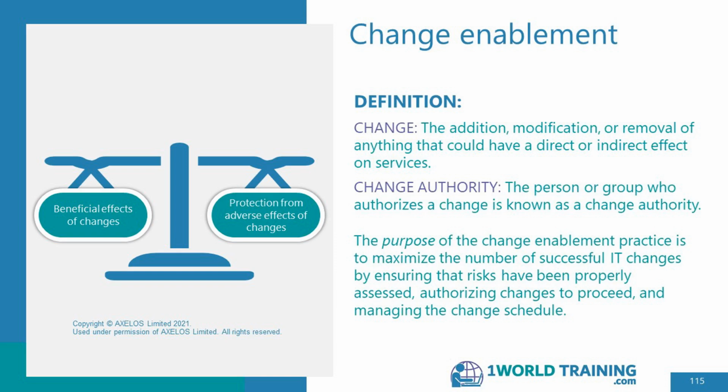And that's why change enablement has a very bad reputation in IT organizations, because the people doing the work often don't understand that their main role is to support the flow of changes into production, not to block changes. But they do need to do that in the context of protecting from the adverse effect of those changes.